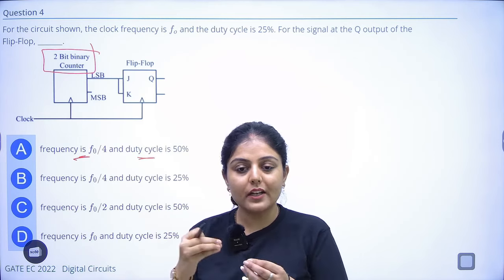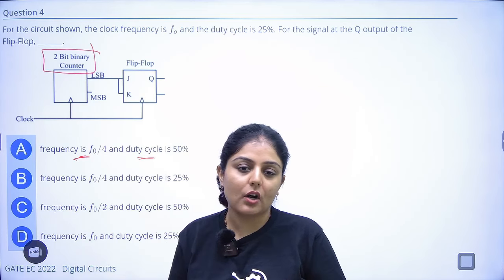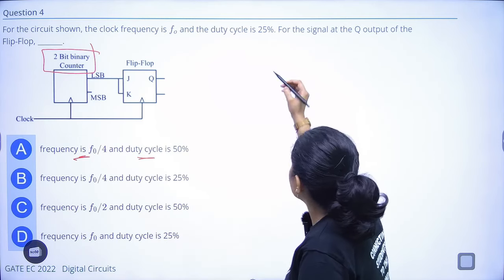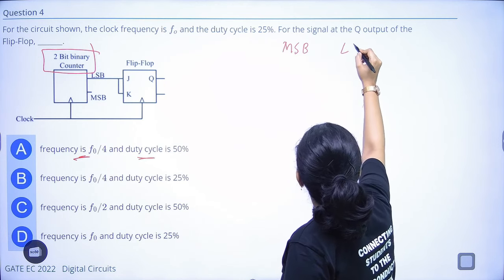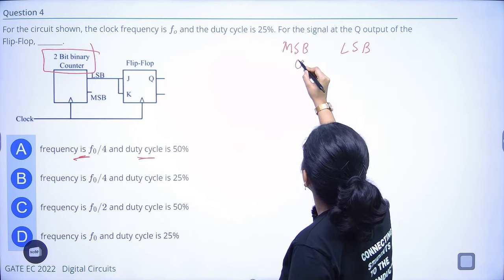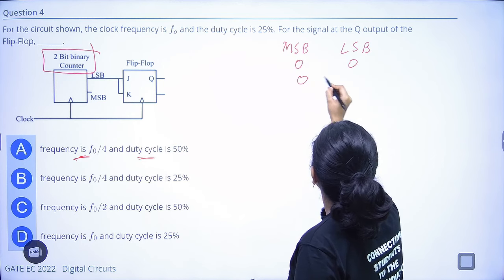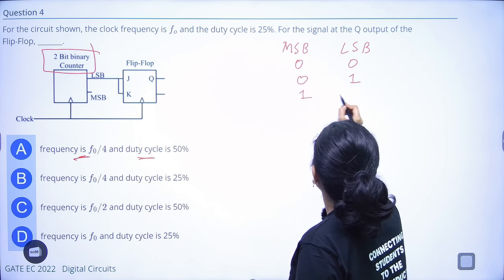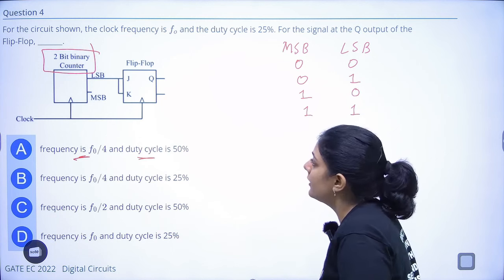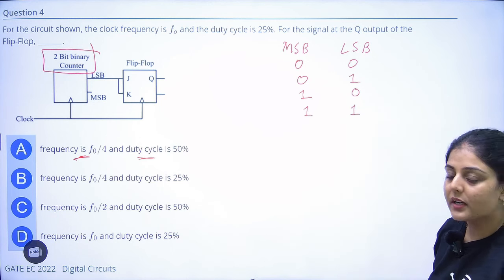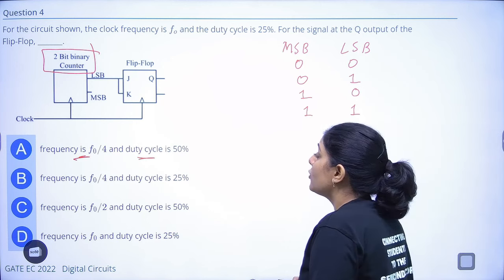Counter means it will count the values. 2-bit means if this is MSB and this is LSB, it will start from 0, 0, then count 1, then 2, then 3. That's the maximum counting of 2 bits. So this is a 2-bit binary counter.